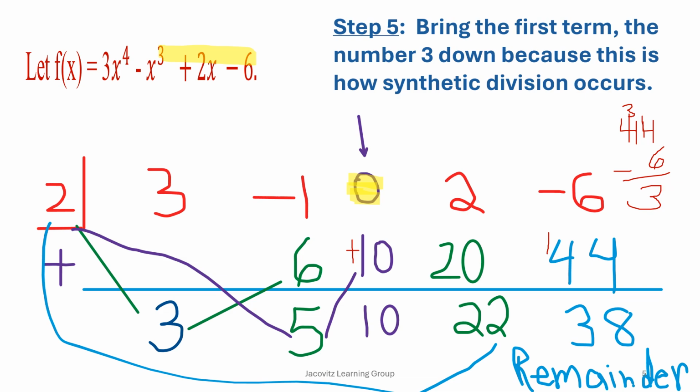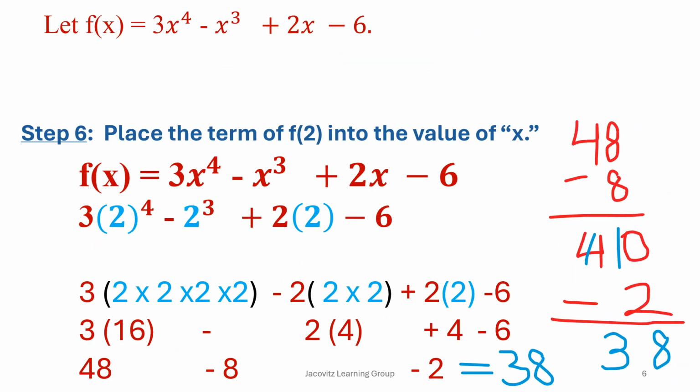So if you want to check it, what do you do? Put it back in your brackets. So f of x equals 3x to the fourth power minus x to the third plus 2x minus 6, and you just put it back where the powers were. Even though there was no x squared power, technically you could put plus 0 if you want to remember it, but you don't have to.